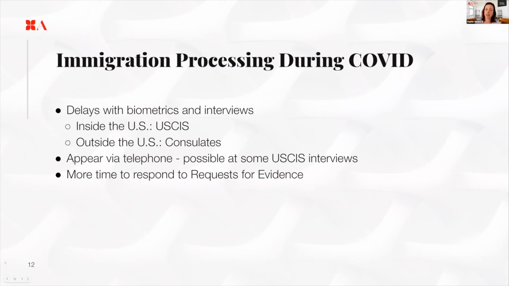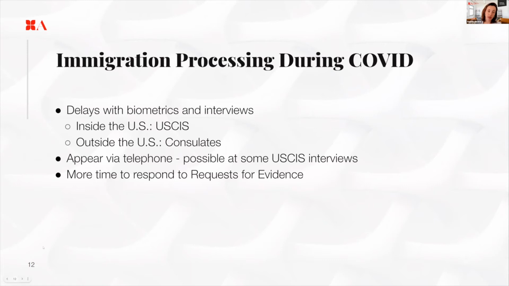So it's a real big priority for the administration to get the processing times back on track right now, but it hasn't happened yet. So please be prepared that there are still delays in processing times, work permit issuance, scheduling, visa appointments at various consulates.